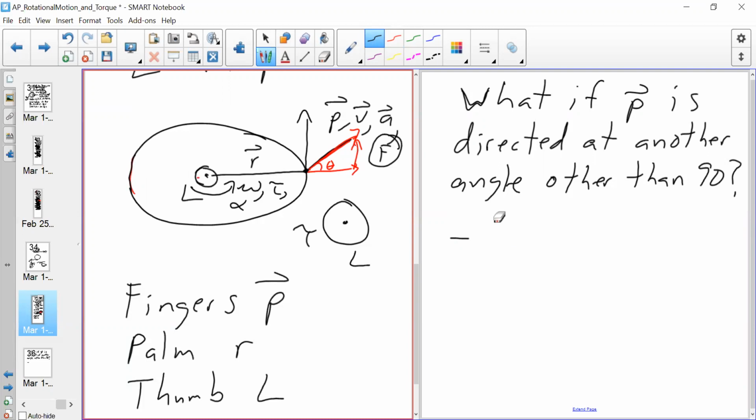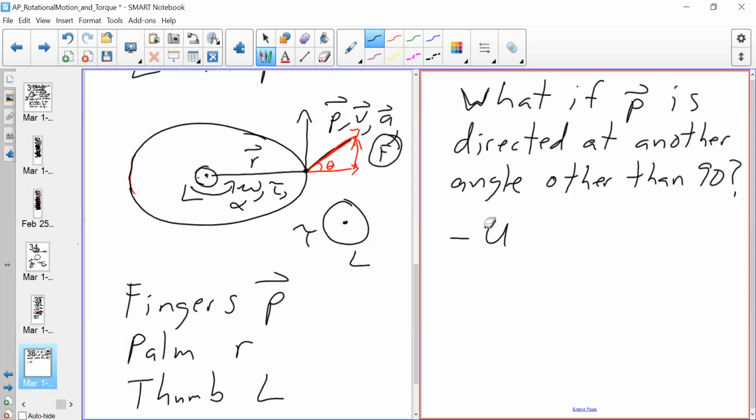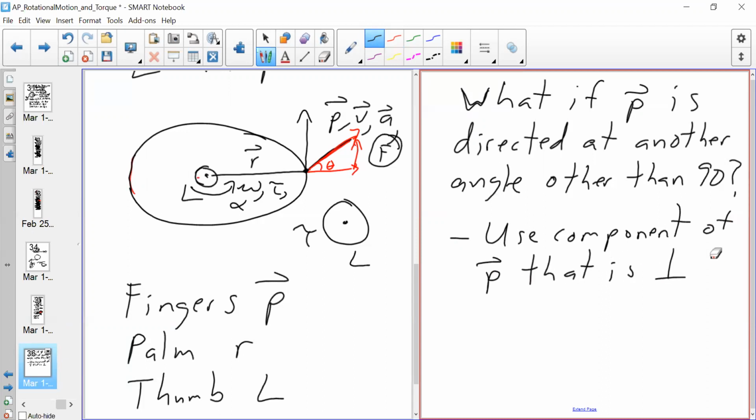Yeah, so in terms of those quantities, use the component of momentum that is perpendicular to R. It's going to be P sine theta.